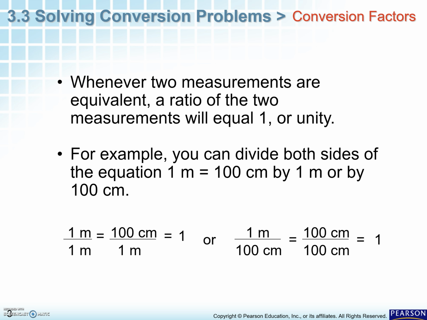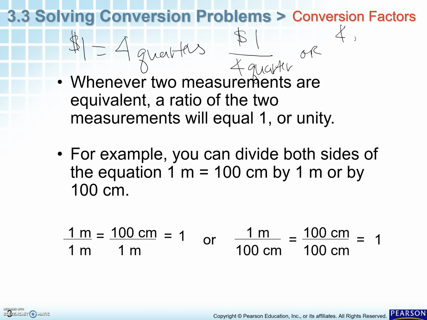If you want to think back to our money problem, if you had $1, that is equal to 4 quarters. So the equality for that example would be $1 over 4 quarters, or 4 quarters over $1.